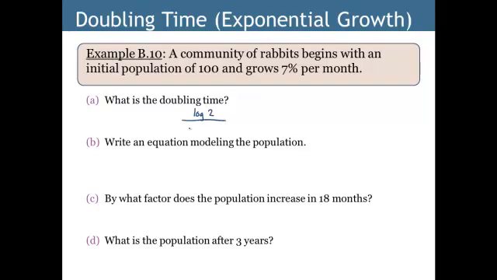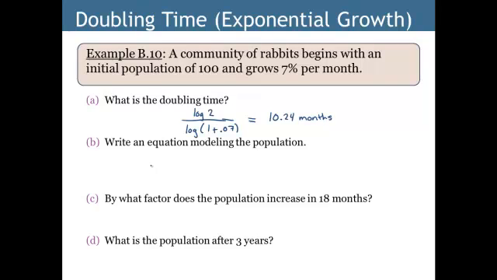Log of 2 over log of 1 plus 0.07. And the doubling time, if you work that out, 10.24. 10.24 what? Well, my percent was 7% per month, so the doubling time is months.